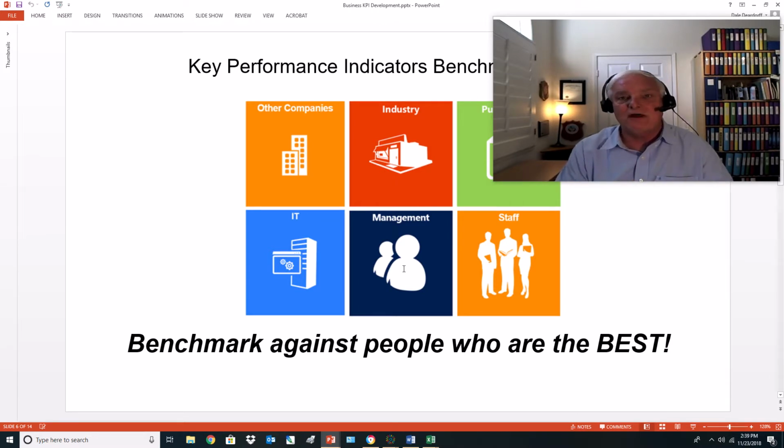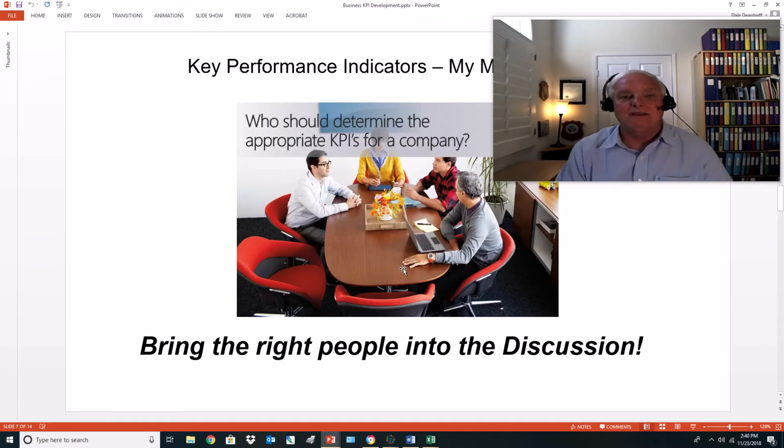There are 4 or 5 other companies out there that are identical in the products they make and the services they provide. Look those up, review those so that you can find out what it is they measure. You want to benchmark against people who are the best of the best. The next thing is bring people into the discussion.